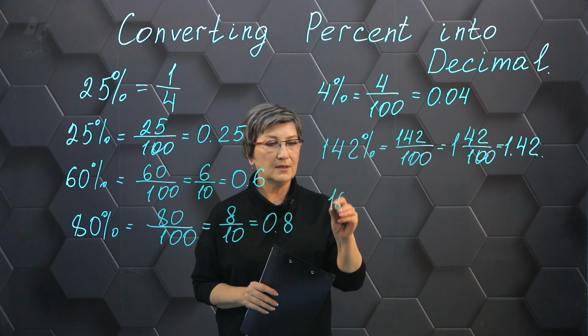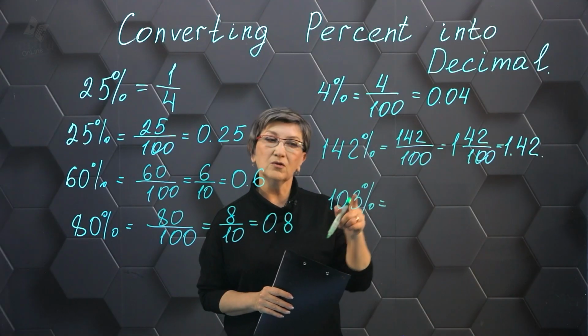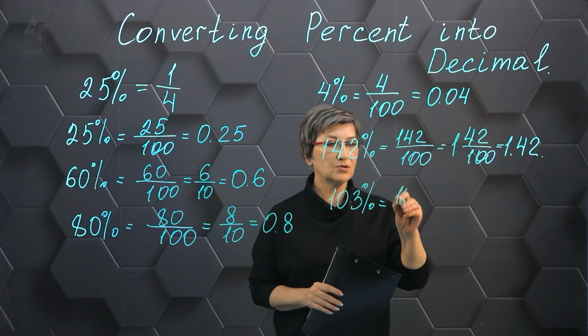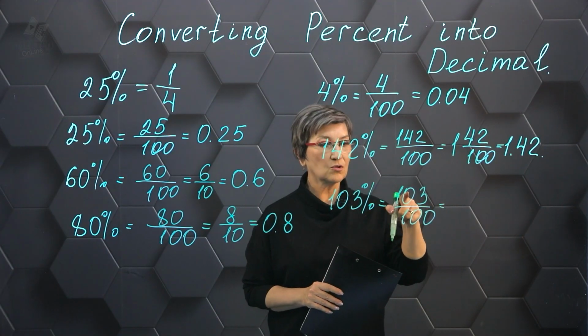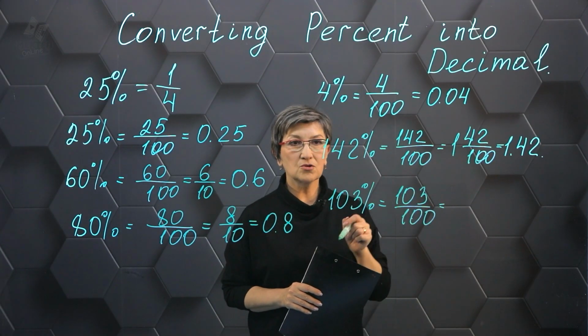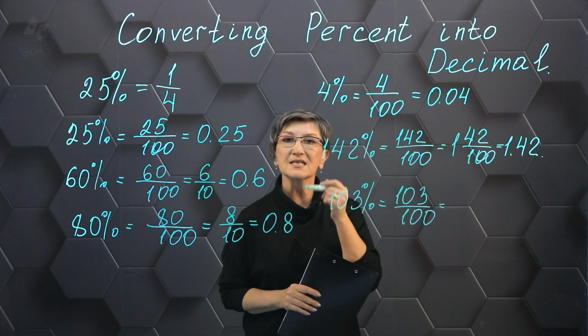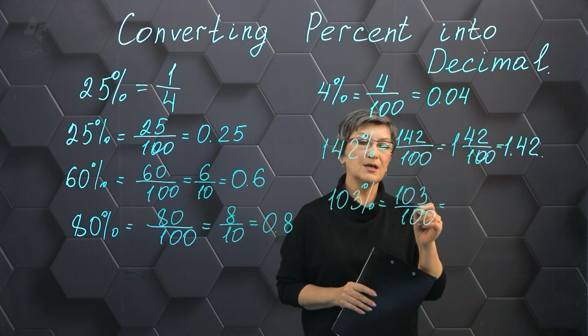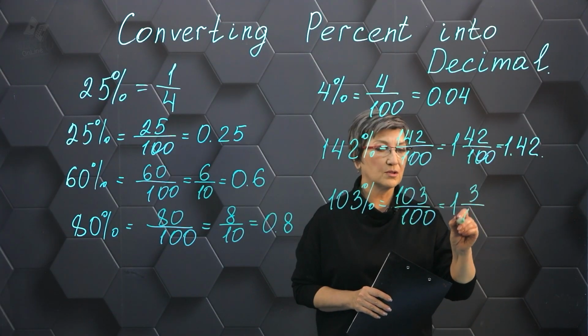And there's one more example, 103%. According to our rule, we have to divide by 100. 103 we divide by 100. And I get a fraction of 103 hundredths. 103 hundredths is an improper fraction, so we can write it down as a mixed number. 103 hundredths is one whole and 3 hundredths.